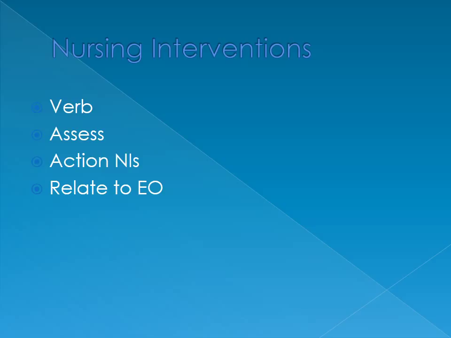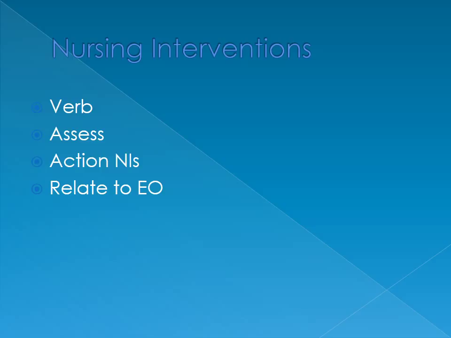But the reality is that assessing is a very passive nursing intervention, and to me, this is totally my opinion, I feel that a patient needs to have action assessments, things that you can do to really make a change. It's great that I assess what your pain level is. It's great that I assess your verbal and nonverbal reactions to pain. But the reality is that unless you get rid of my pain, you really haven't helped me.